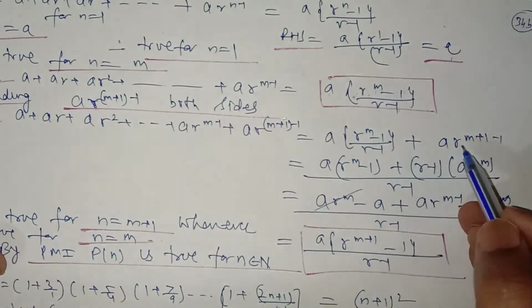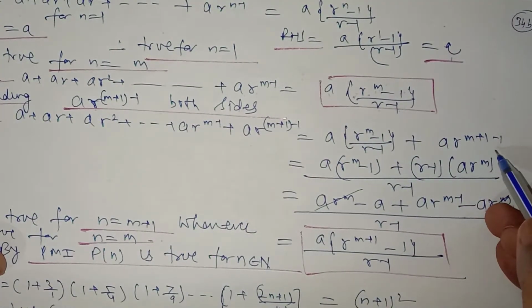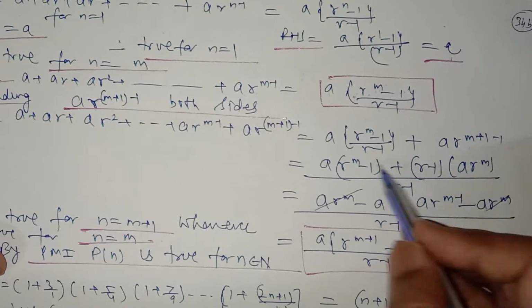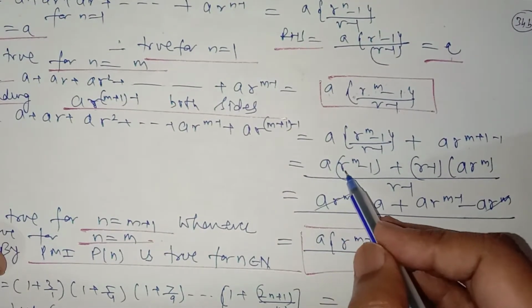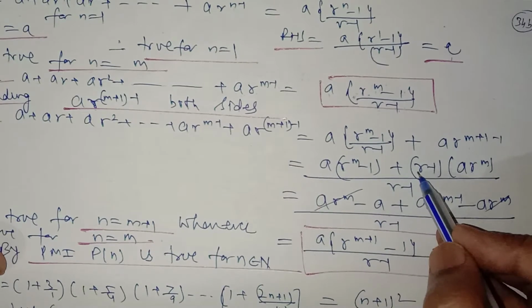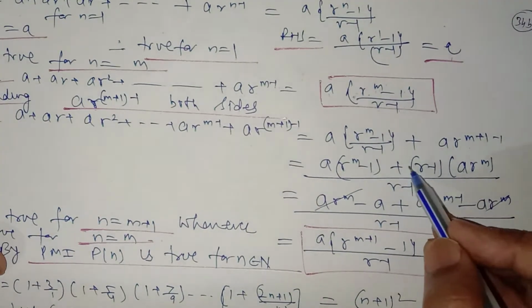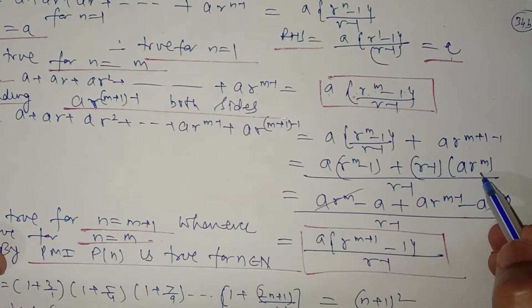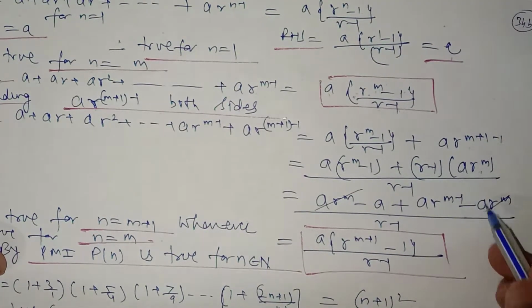So simplify this, and once 1 is cancelled out, adding by taking the LCM r minus 1, and open the bracket, a r raised to power m minus a r raised to power m plus 1 minus r raised to power m, open the bracket.